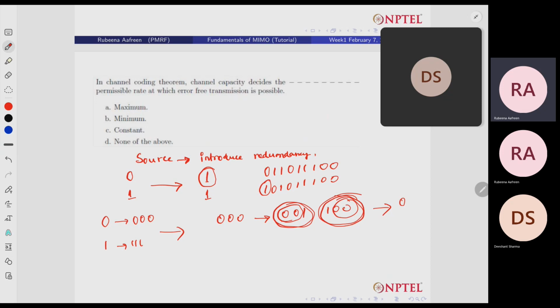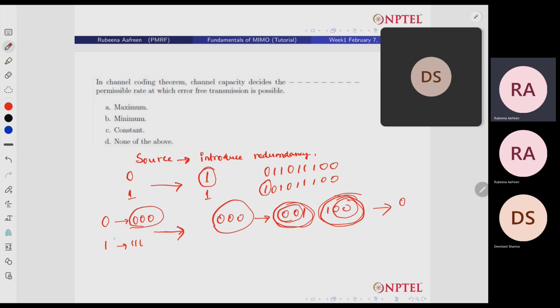So this is the job of the channel encoder. And one more thing I forgot to discuss: here we are transmitting 0 as 0 0 0. What is the price that we are paying?